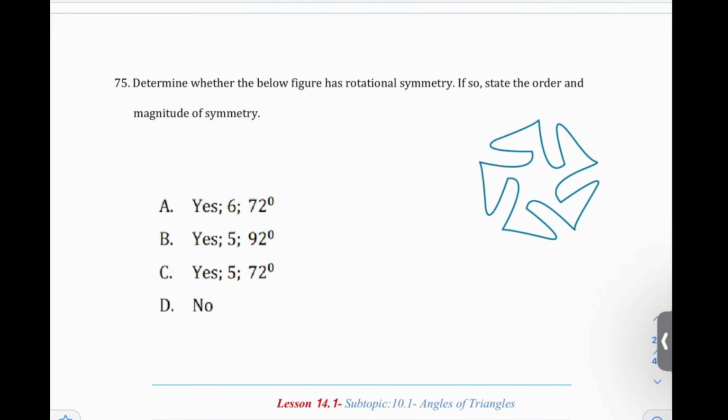Determine whether the below figure has rotational symmetry. Yes, also yes, it has. How many times can you rotate this? 1, 2, 3, 4, 5. 5 times. So the order here is 5. And our magnitude will be 360 divided by 5, which is 72 degrees.